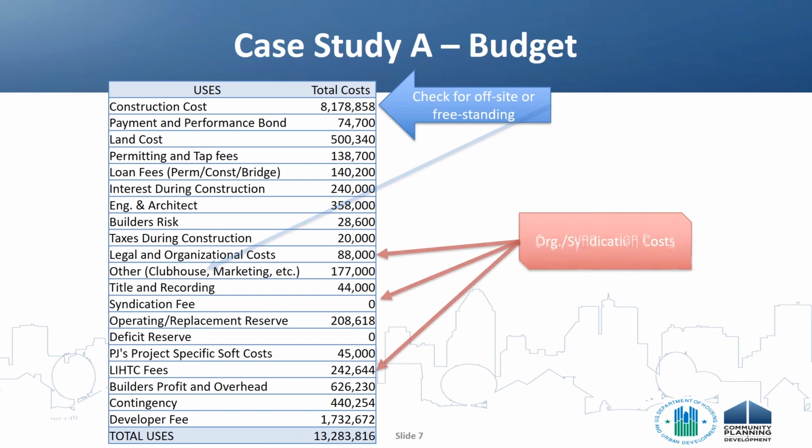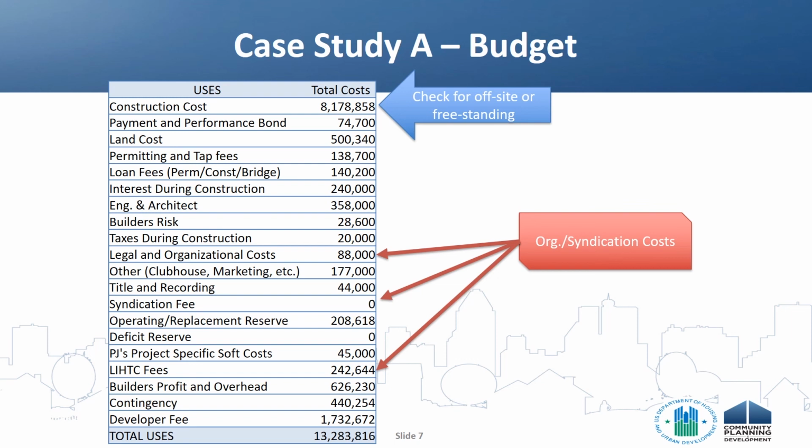Next, I've got 3 other line items that jump out at me. These include the lines for legal and organizational cost, syndication fees, and tax credit fees. It's likely that taken together, these lines include both eligible and ineligible cost. In particular, we need to better understand how much of these relate to the organizational and partnership cost, and if any investor or syndication costs are included.